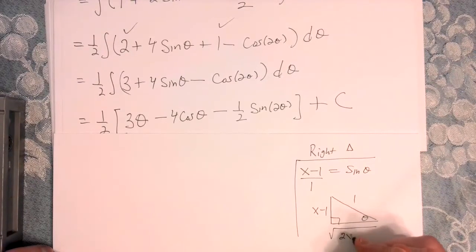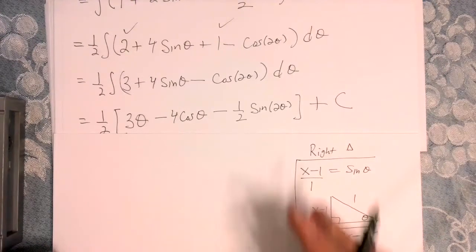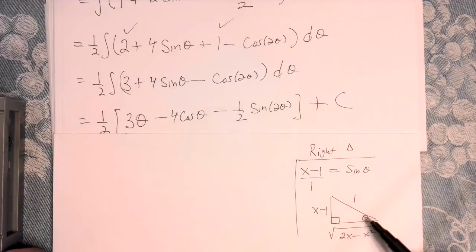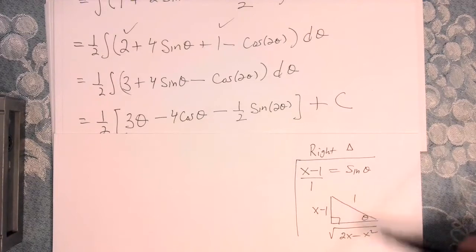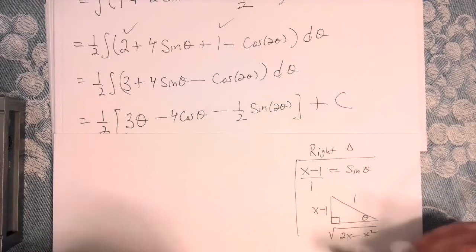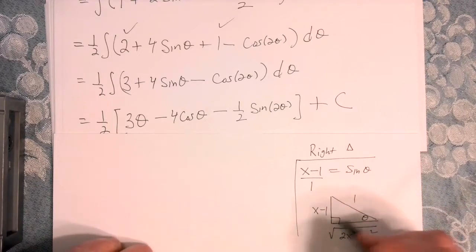That's going to give me 2x minus x squared if I square everything out. And now there's an issue because this triangle is in terms of 1 theta, not 2 theta. And doubling the sides does not do anything to the angles, right? If that were the case, you'd have a triangle with 360 degrees. So you can't just double the sides, right? You get similar triangles, but that's not helpful.